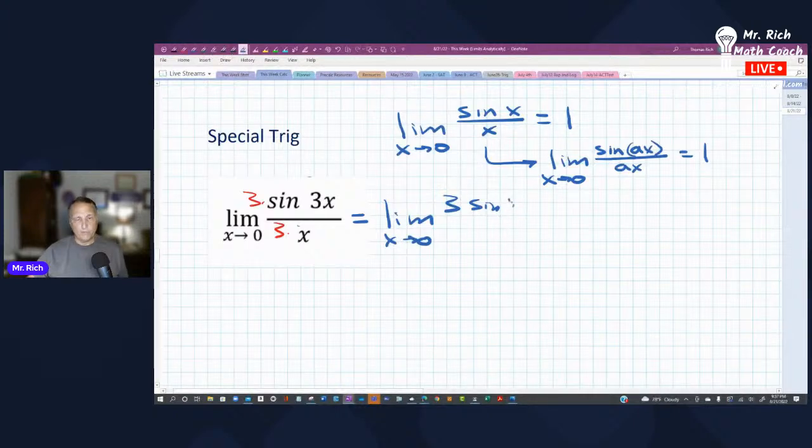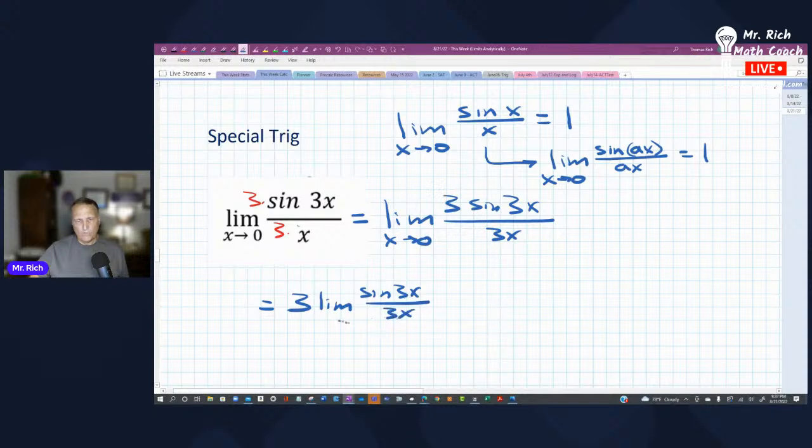And that's going to be 3 sine of 3x over 3x. I am going to move that 3 out to the front. That's one of the properties of limits, that if you have a constant multiplier inside your argument, you can take it to the outside and multiply it by the limit. So that becomes 3 times the limit of sine 3x over 3x as x goes to 0. Now, through substitution, I know what this is. This limit right here is 1. So that means that this is 3 times 1, or 3.